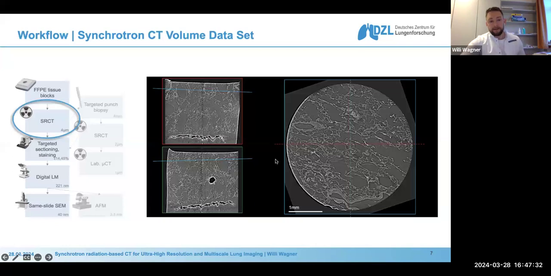Yeah, the basic idea is to build this imaging pipeline around the histological specimen. And histological specimens are made from formalin-fixed, paraffin-embedded tissue blocks, FFPE blocks.